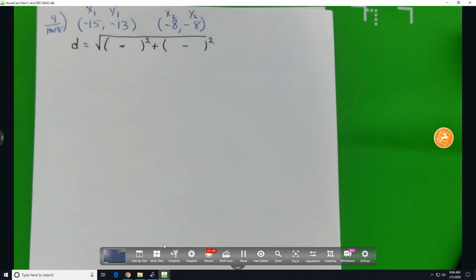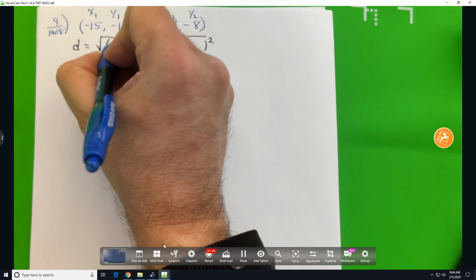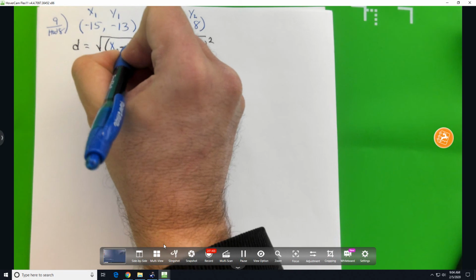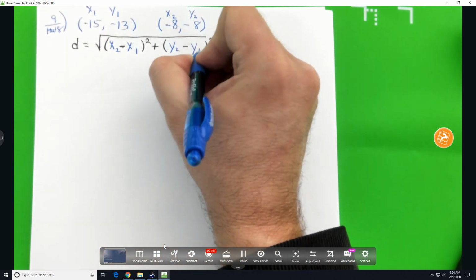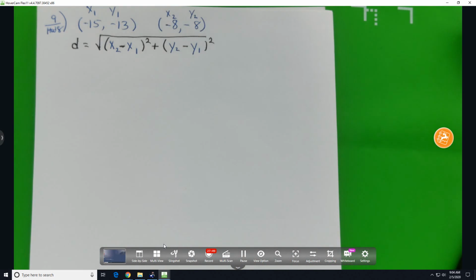X2 minus X1, Y2 minus Y1. So it's D equals the square root of X2 minus X1 squared plus Y2 minus Y1 squared.